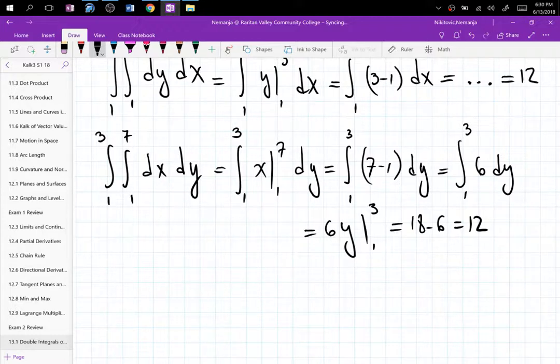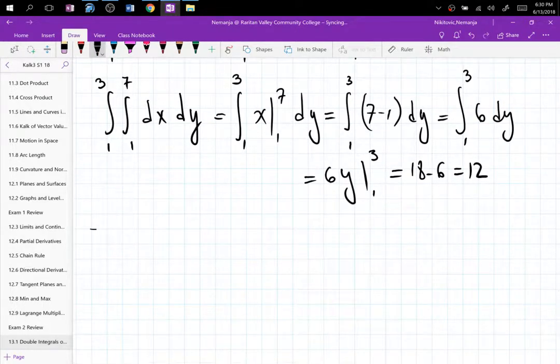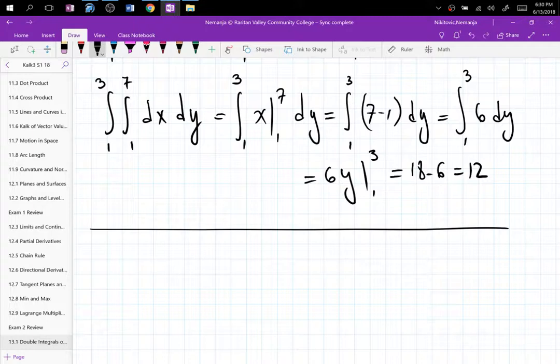And now we can take a look at some other situations. Let's look at some problems from the text. Let me just show you briefly from the book on page 965.